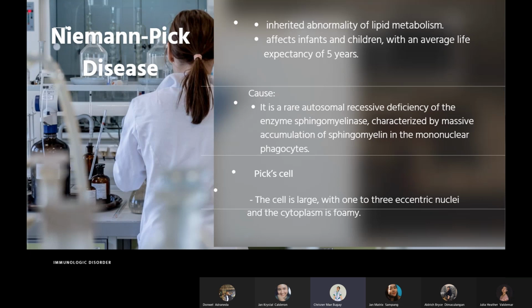And last is the Niemann-Pick disease, also an inherited abnormality of lipid metabolism similarly to the Gaucher's disease. It affects infants and children with an average life expectancy of 5 years. It is a rare autosomal recessive deficiency of the enzyme sphingomyelinase characterized by massive accumulation of sphingomyelin in the mononuclear phagocytes.